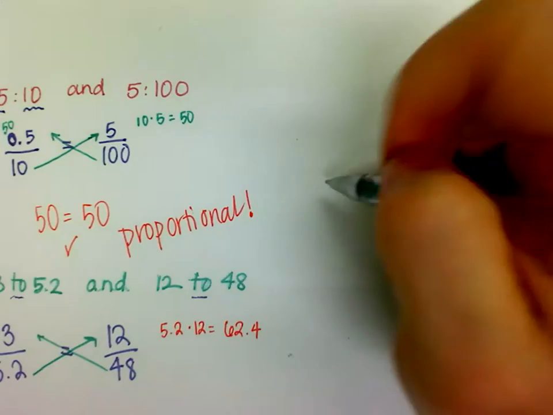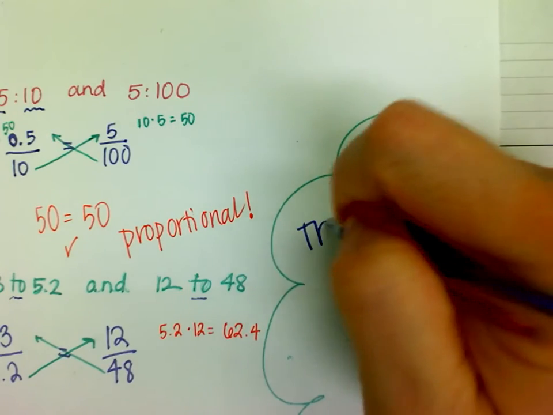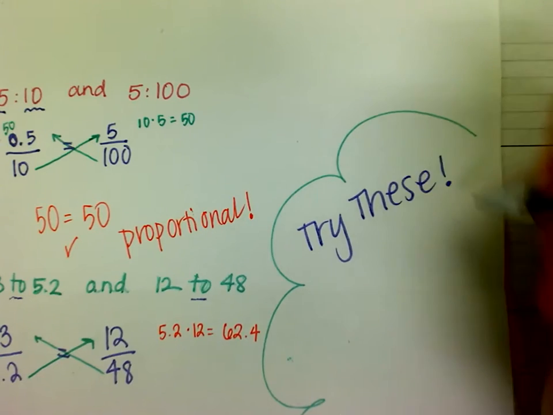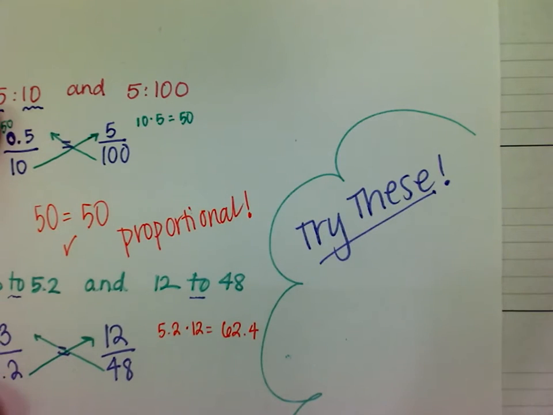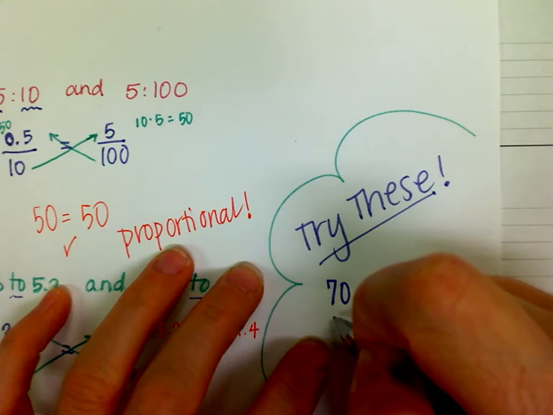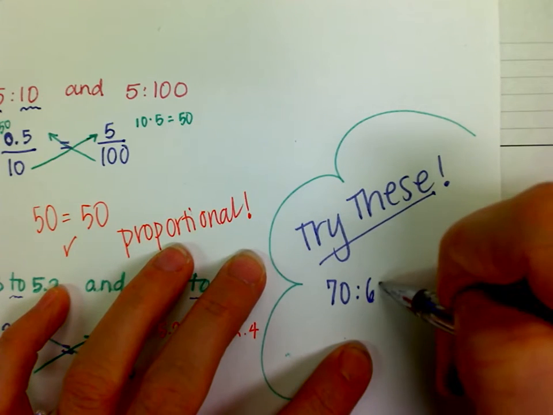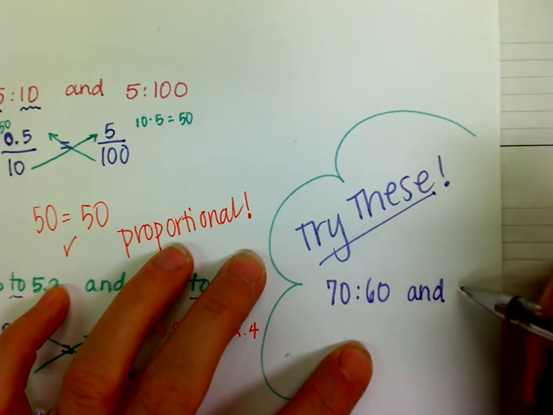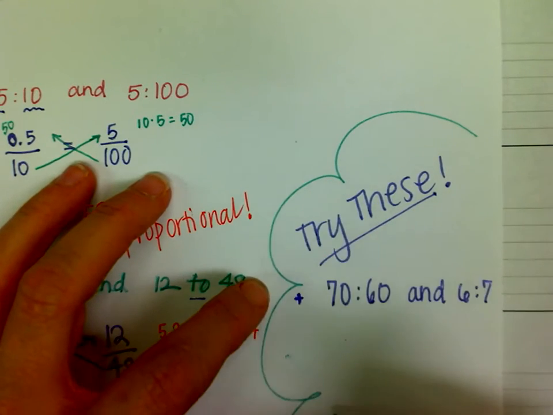I'm going to go ahead and give you two examples to try. 70 colon 60 and 6 colon 7. It's your first example.